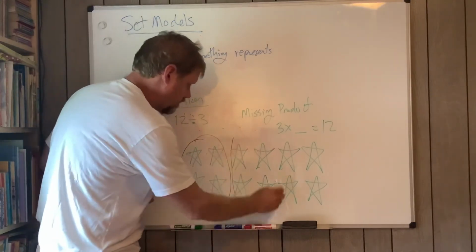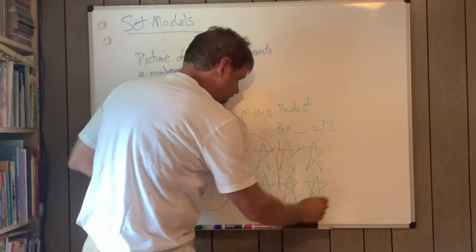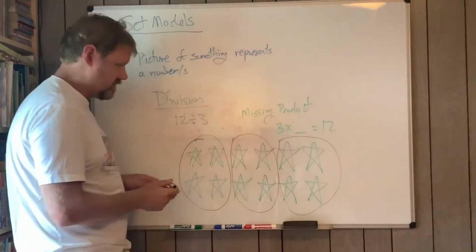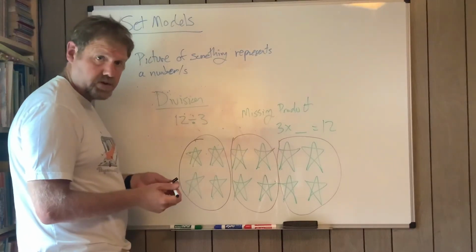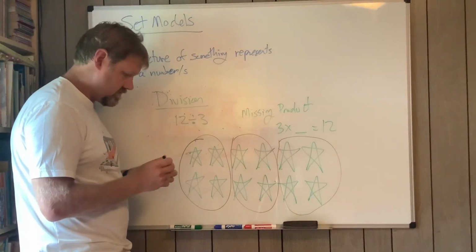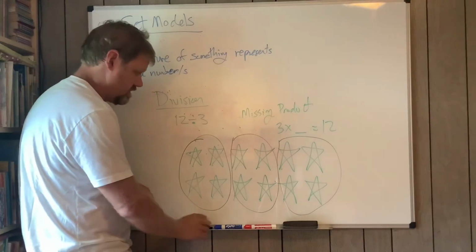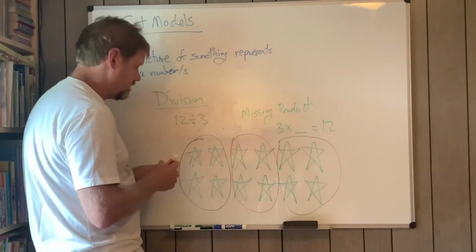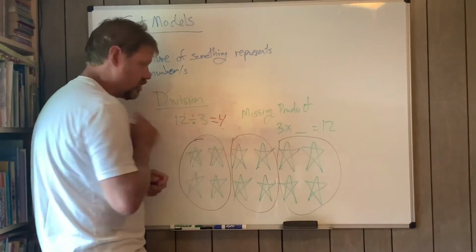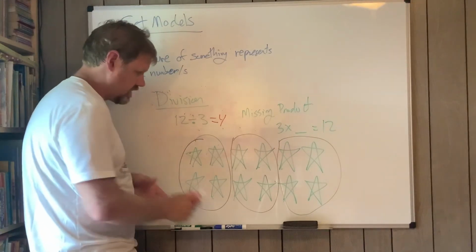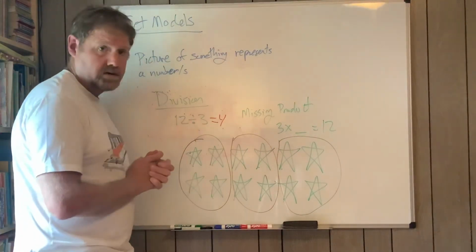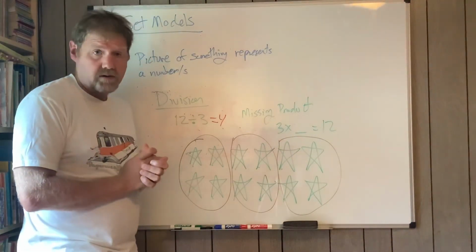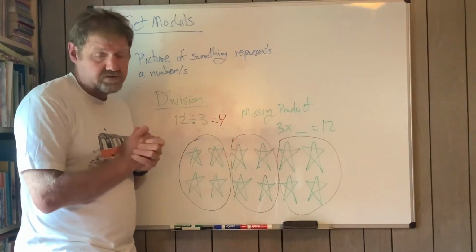There's 1 group, there's 2 groups, there's 3 groups. Inside of each group are 4 stars. So the answer is just 4. Okay. All right. So that wraps up set models, a really basic introduction to those.